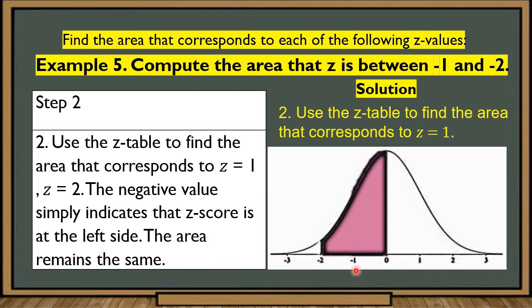Para mahanap natin yung between -2 and -1. So, kapag nahanap na natin yung area from 0 to 1 and from 0 to -2, malalaman na natin kung ano yung area na to.